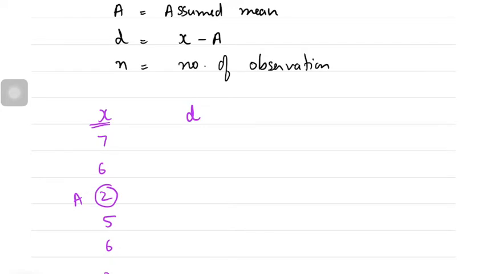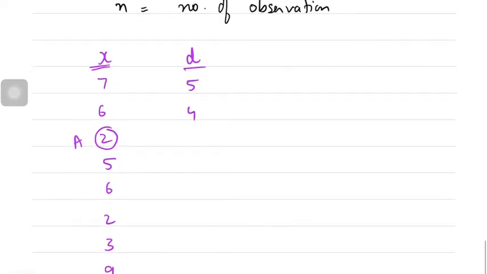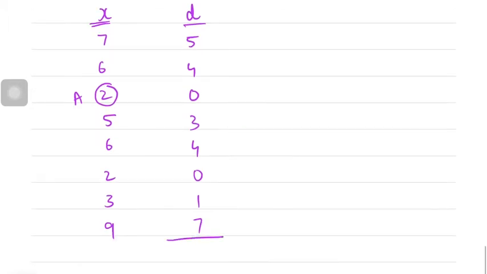So my D is x minus a. So 7 minus 2 is 5. 6 minus 2, 4. 2 minus 2, 0. 5 minus 2, 3. 6 minus 2, 4. 2 minus 2, 0. 3 minus 2, 1. 9 minus 2, 7.